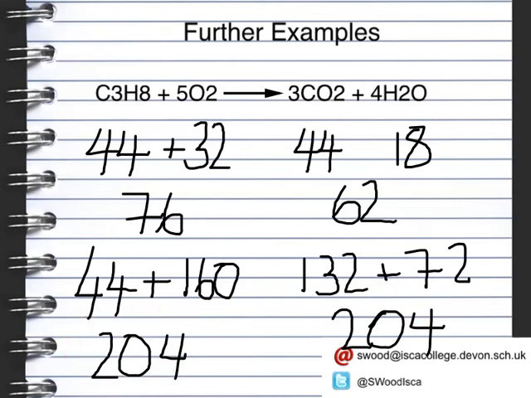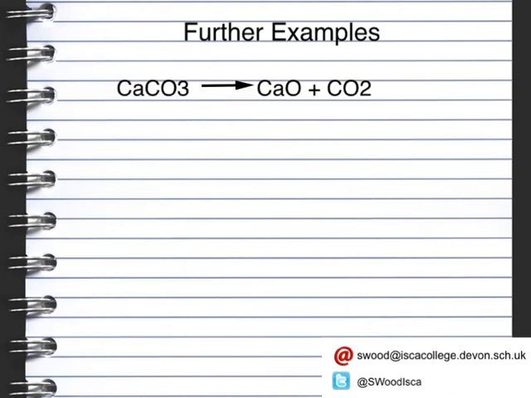Now our next example we're going to look at is calcium carbonate, which thermally decomposes to make calcium oxide plus carbon dioxide. Now I'm going to cut out a couple of stages here. Okay, now the mass of calcium carbonate is 100, and the mass of the calcium oxide is 56, and the mass of carbon dioxide, as we saw in the last example, is 44.